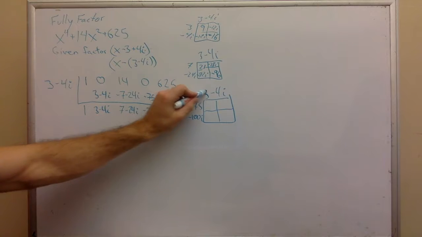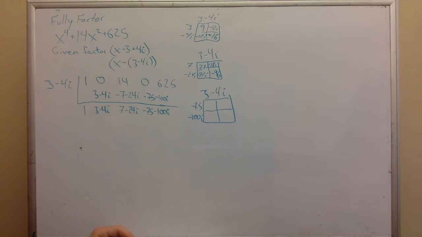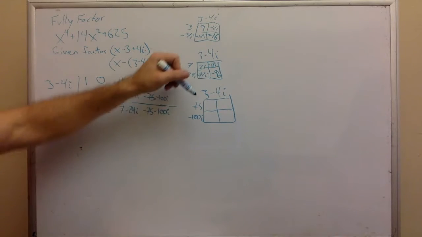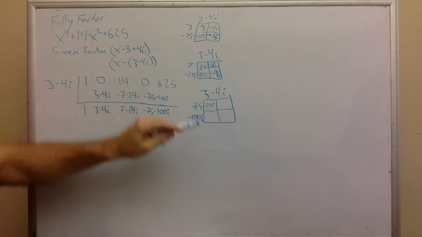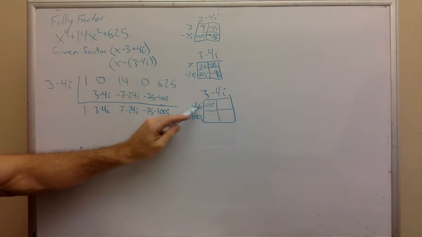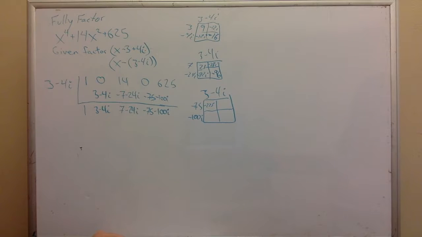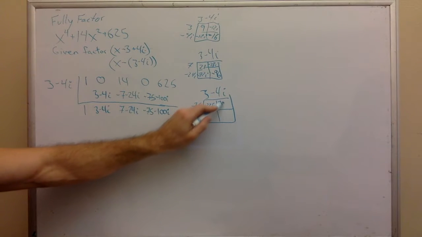Negative 75 times 3 is negative 225. Negative 75 times negative 4i, that'd be 300i.